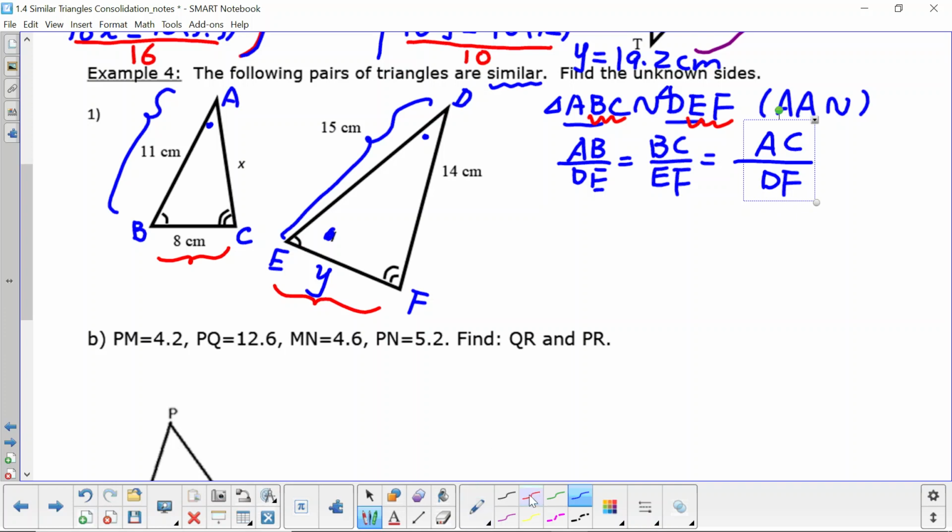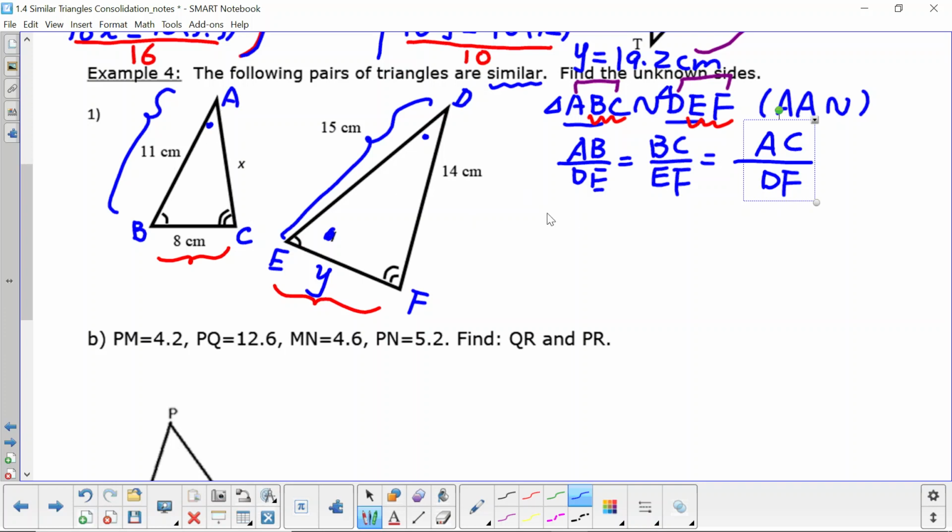Or you could, from this one, first letter, last letter is AC, first letter, last letter is DF. So it is for the last ratio. Then after that, we are going to substitute given information into this equation.